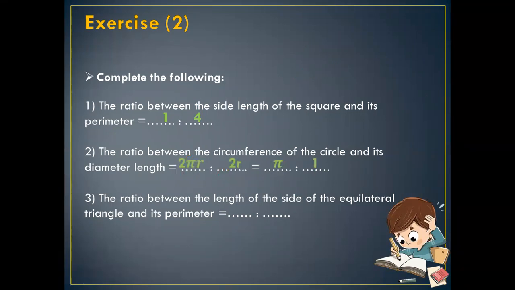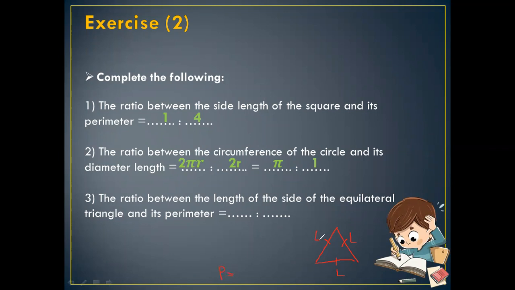Okay, the third one, we have the ratio between the length of the side of the equilateral triangle and its perimeter. Okay, we have that. This is your shape. This is the equilateral triangle. You know that in an equilateral triangle, all the sides are equal. So we have a length L here, and we have the same length, and we have a length L. So what is the perimeter of the equilateral triangle?